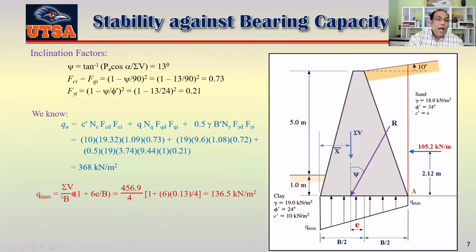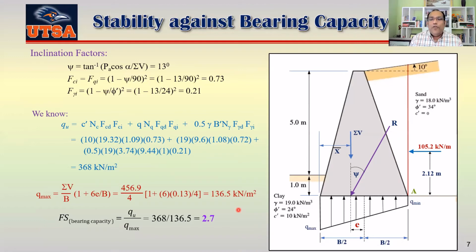If we plug these two into the equation, the factor of safety is the ultimate bearing capacity divided by Q max. So our factor of safety against bearing capacity is 2.7. Okay, that's the way we find the factor of safety against overturning, sliding, and bearing capacity failure.